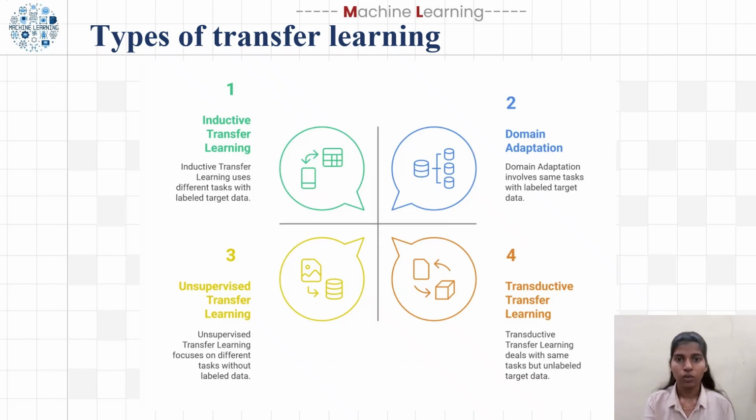Domain adaptation involves using the same task but adapting the model to a different domain of data, still with labeled target data. Unsupervised transfer learning focuses on different tasks without any labeled target data. And transductive transfer learning deals with the same task but works with unlabeled target data. This variety allows us to apply the concept of transfer learning in almost any scenario.